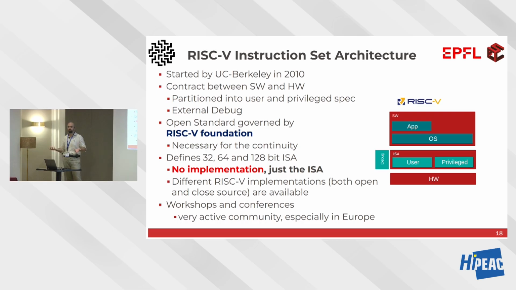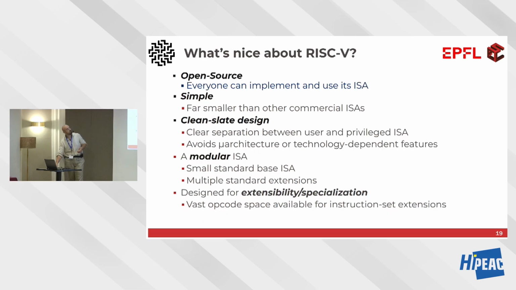So because of the different constraints we listed before, RISC-V is trying to be flexible to implement whatever you need, and it doesn't oblige you to implement what you don't need, which is important on both sides. And the rest I will say later. But it's an active community, so there are conferences and so on. But let's stick to the technical side.